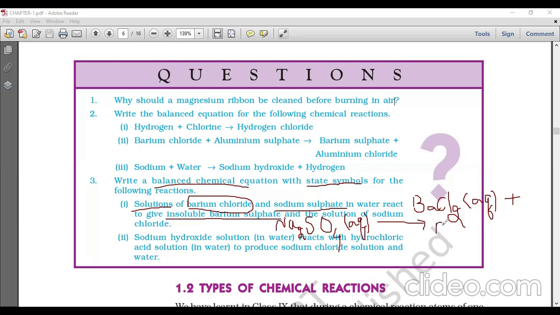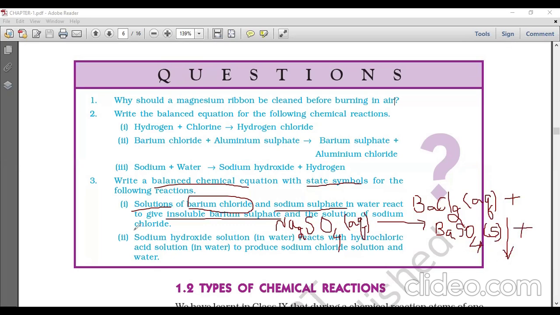So the formula will be barium sulfate, BaSO4, and this is a precipitate, right? So the precipitate settles at the bottom and it will be in solid form. So I'll write small s in the bracket and one arrow down. Down means as it will be heavier, it comes and settles at the bottom of the test tube.